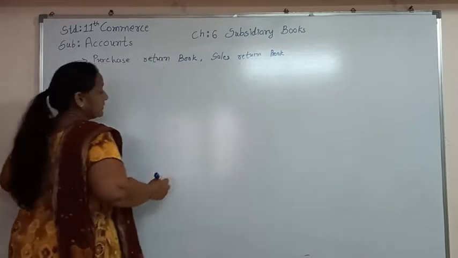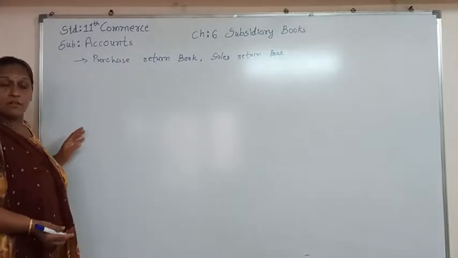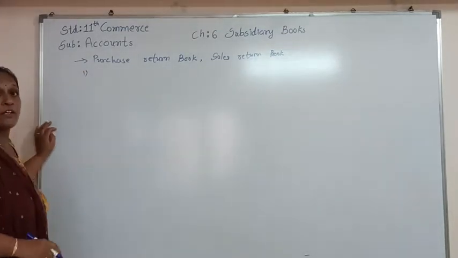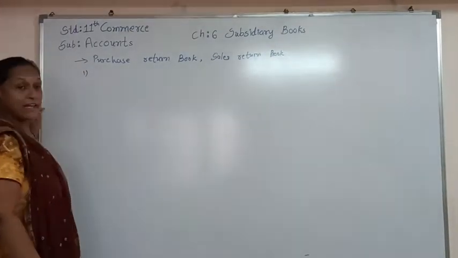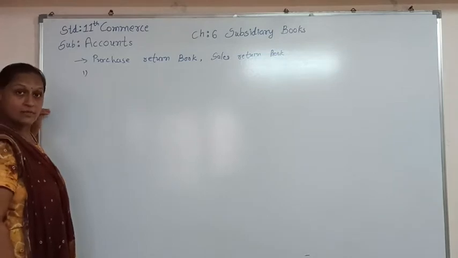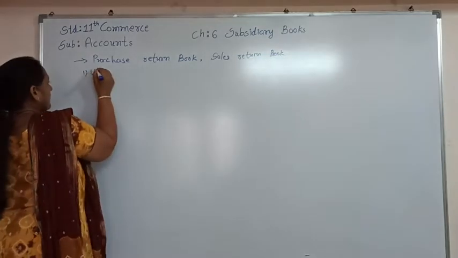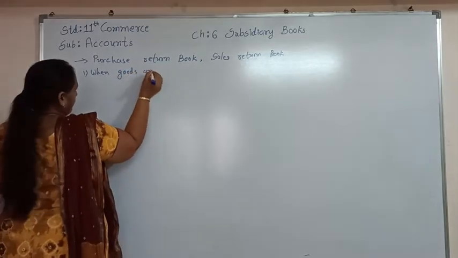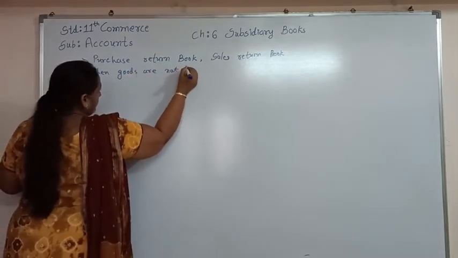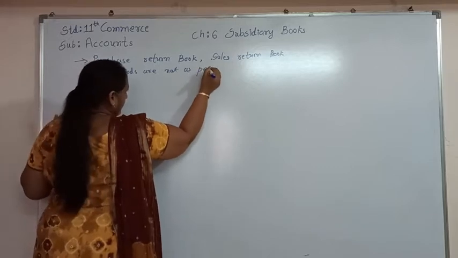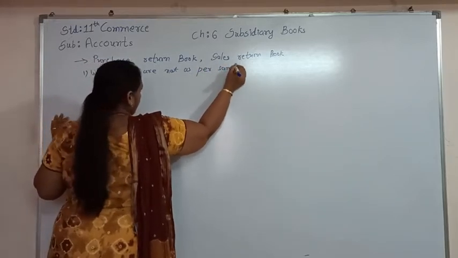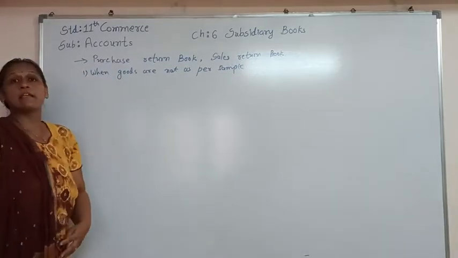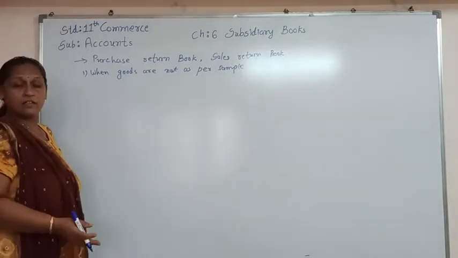So which are the reasons for the purchase return? The very first reason is where goods are not as per the sample. For the purchase return, as we know, we are returning the goods.